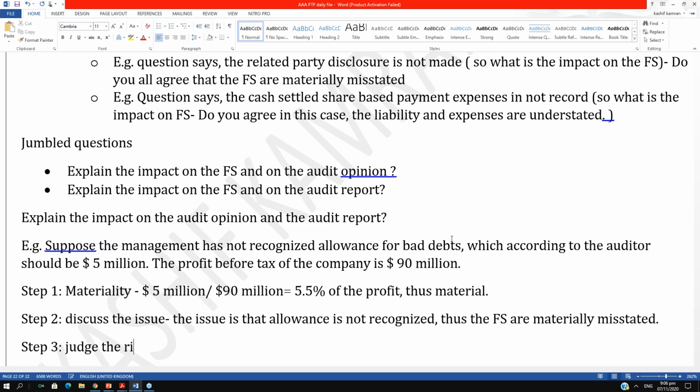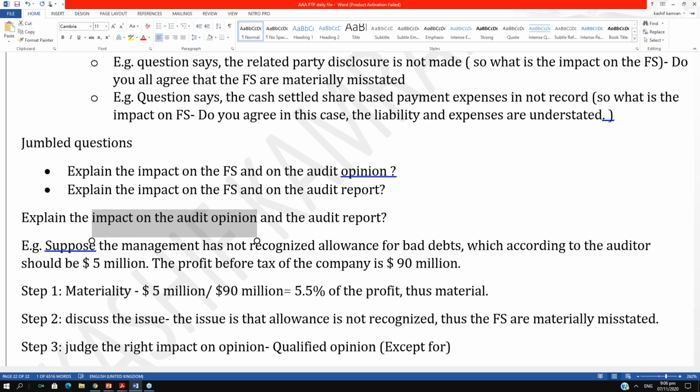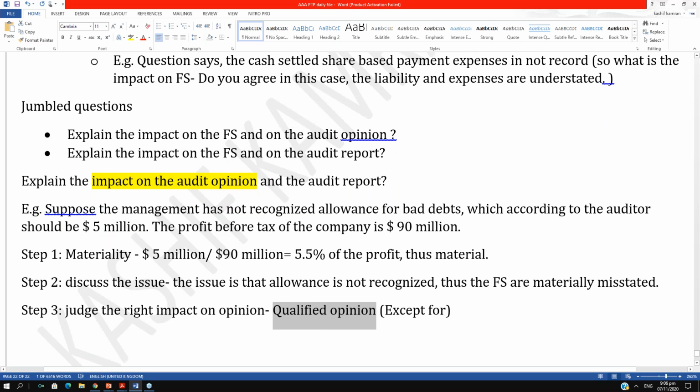Now, what is step number 3? Judge the right impact on opinion. Which opinion will the auditor give here? The auditor will give a qualified opinion, which is also known as an except for opinion. So you judge the materiality, you discuss the issue, you judge the right impact on opinion. The examiner was asking to explain the impact on opinion. Have you done the first part? But is the examiner also asking for the audit report?